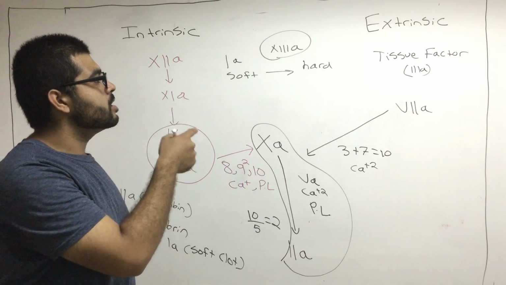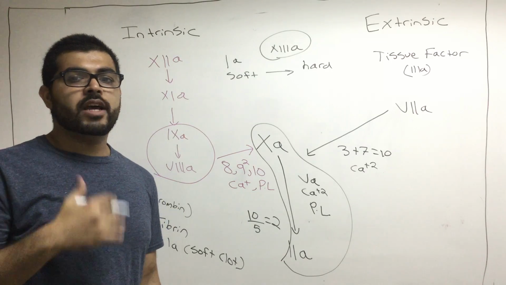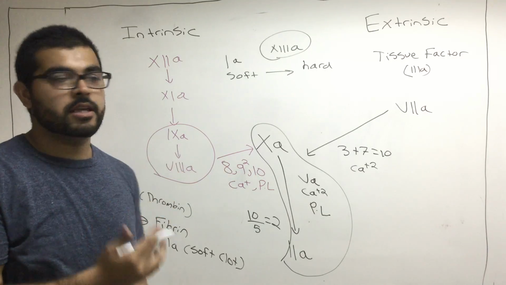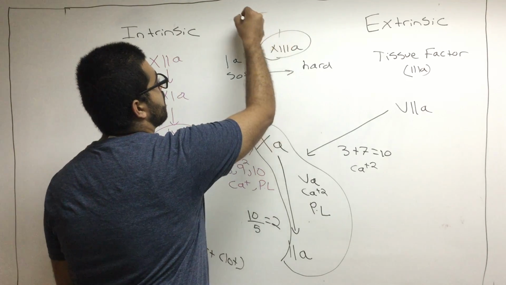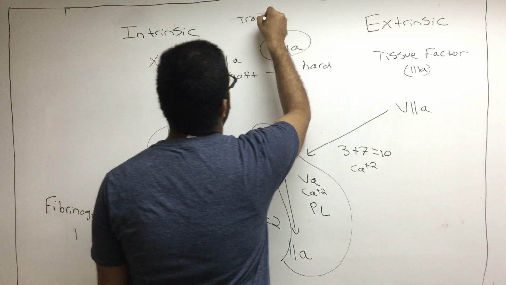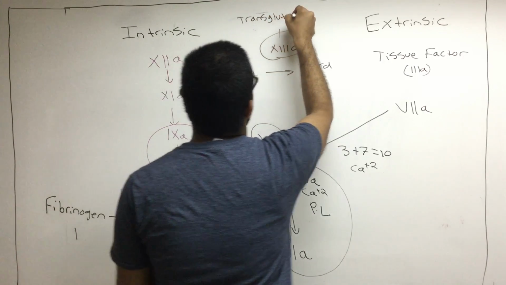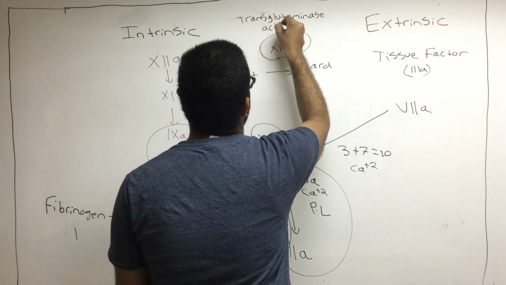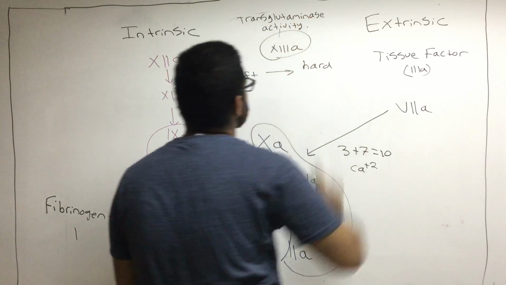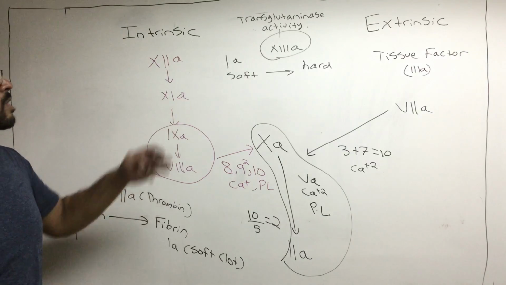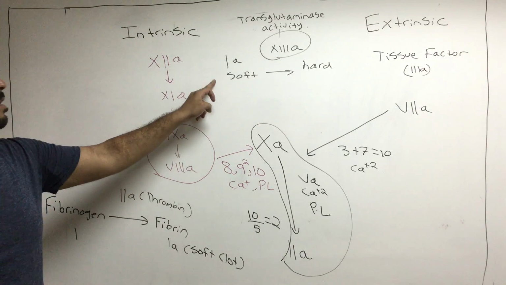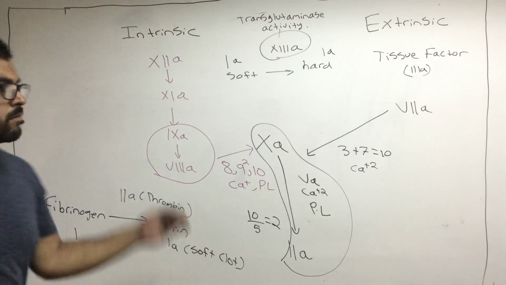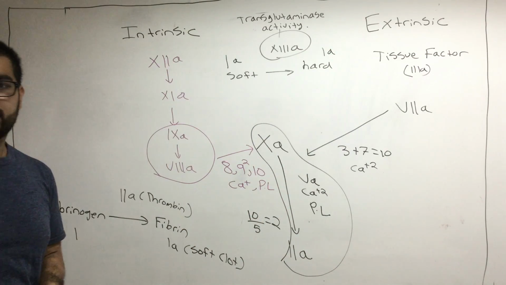The main thing about 13A is it has transglutaminase activity. That's the main thing about this factor 13A. Alright? So 13A has transglutaminase activity, so you convert the 1A soft clot into the 1A hard clot. And this is all your clotting cascade.